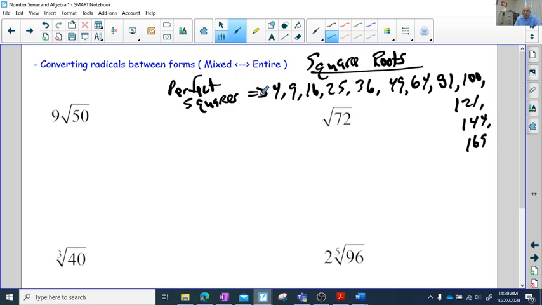If you have one of these numbers, the reason these are significant numbers is because, for example, 49, if I pick that, the square root of 49 is equal to 7. It's a perfect square. You get an integer number here, a nice whole number.